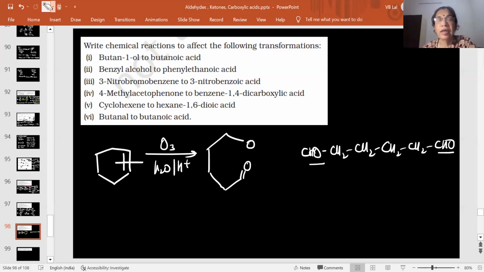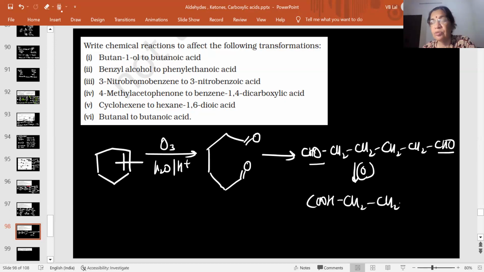You get the open chain structure with two aldehyde groups. On oxidation of this, I will get the acid, COOH, CH2, CH2, CH2, CH2, COOH.